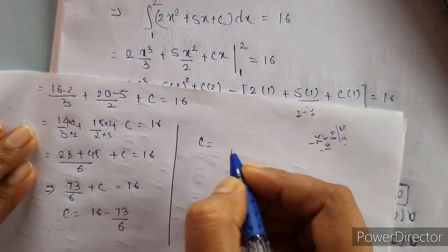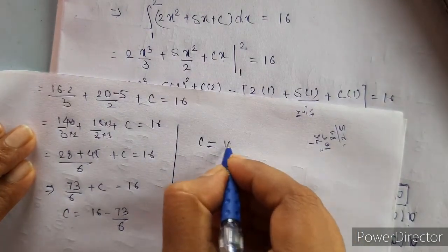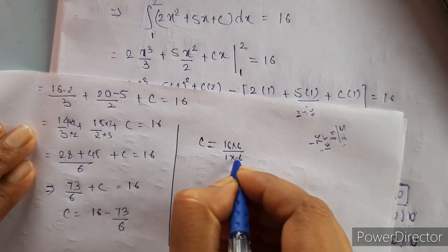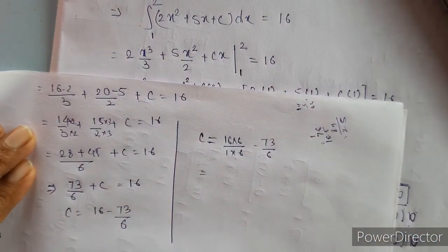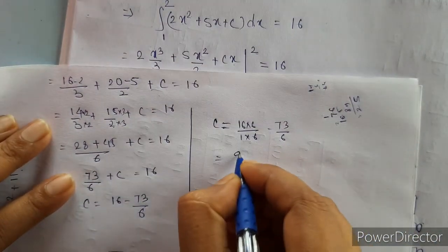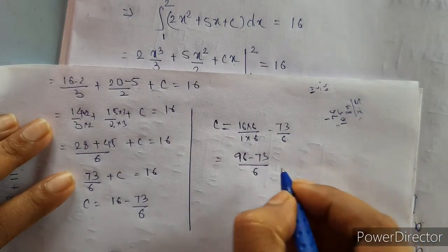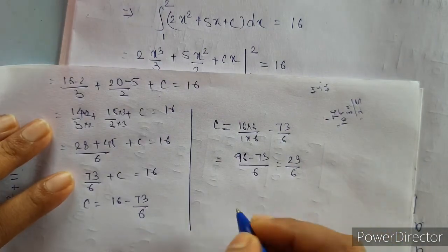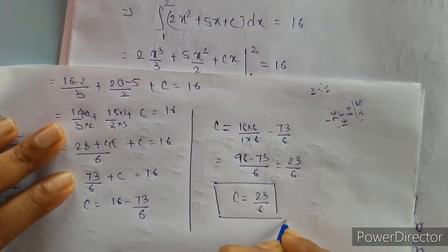So c equals, again I am multiplying this by 6, so you can write this as 16 into 6 by 1 into 6 minus 73 by 6. 16 into 6 is 96 minus 73 by 6, which is equal to 23 by 6. So the value of c is 23 by 6.